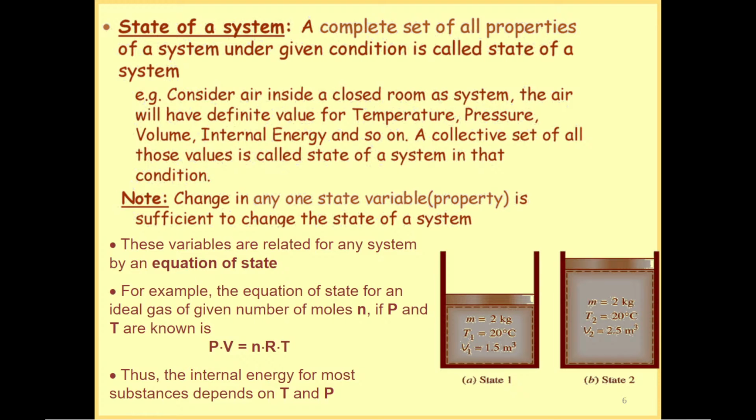And when one of these variables changes, this leads to transition of the system from one state to another with a new set of parameters describing the properties of the system and condition describing the surrounding characteristics.